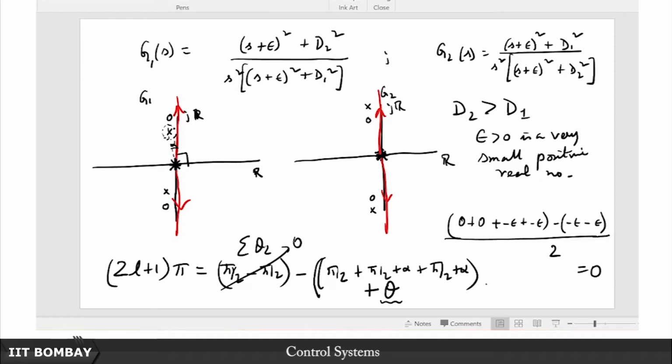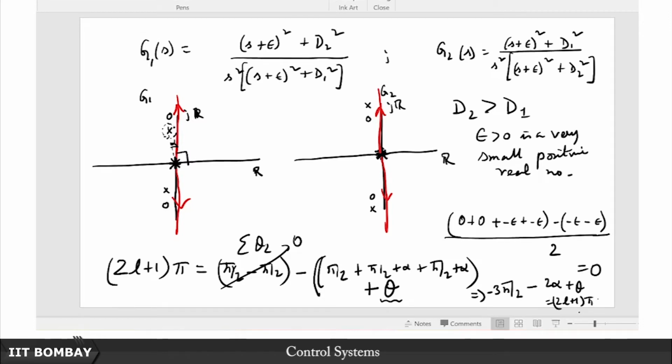So what I then land up with is the following equation. I have this is 3 pi by 2, with a minus sign of course, minus 2 alpha plus theta is equal to 2l plus 1 times pi.